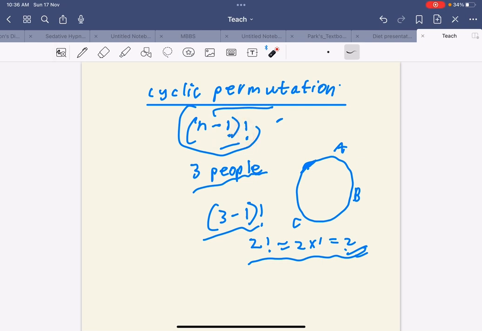Here, for example, we are taking 3 people, and (3 minus 1) factorial, that is (n minus 1) factorial, has been taken, and then we get 2 factorial, and 2 factorial means 2 into 1, which is equal to 2.